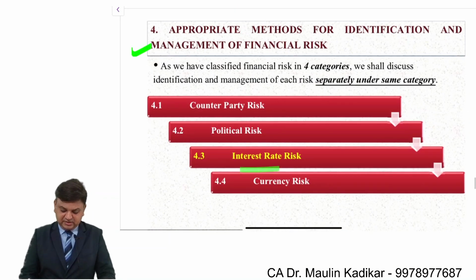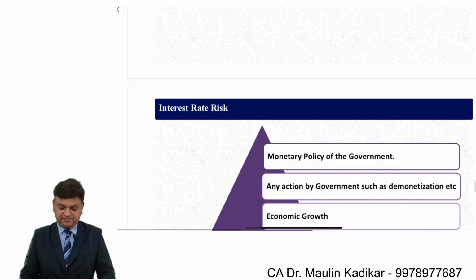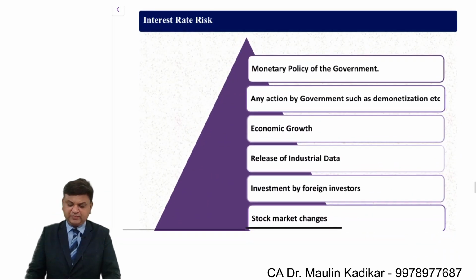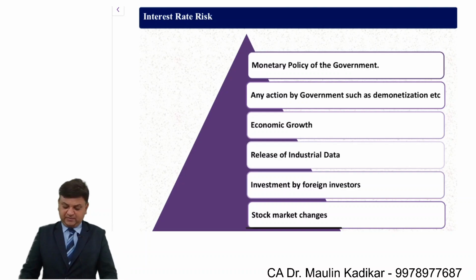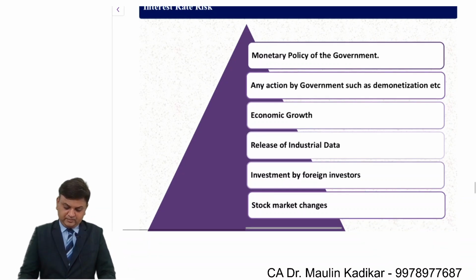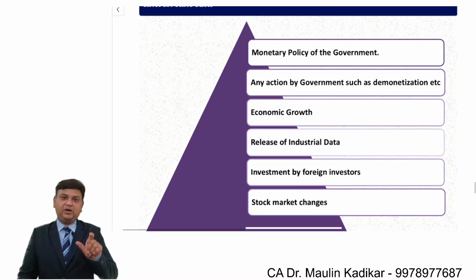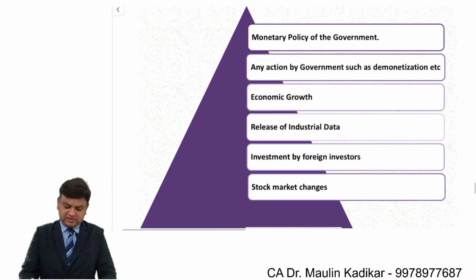Next, now interest rate risk. Interest rate risk is what we have discussed in detail in the chapter of interest rate risk management, which is covered in derivatives. So first of all, how can you identify the interest rate risk?